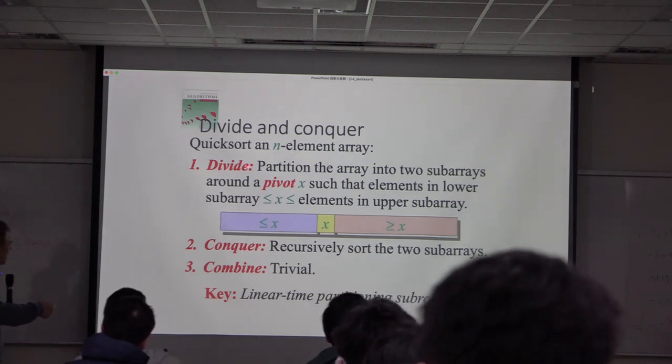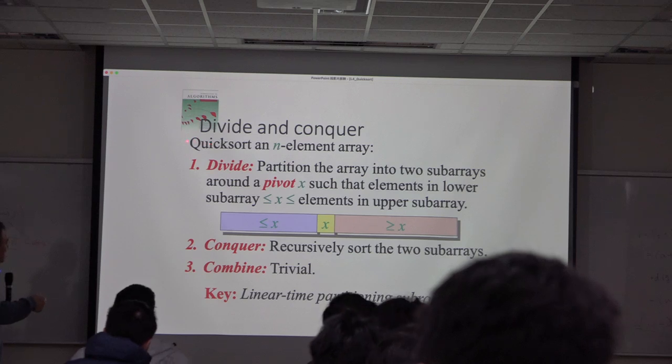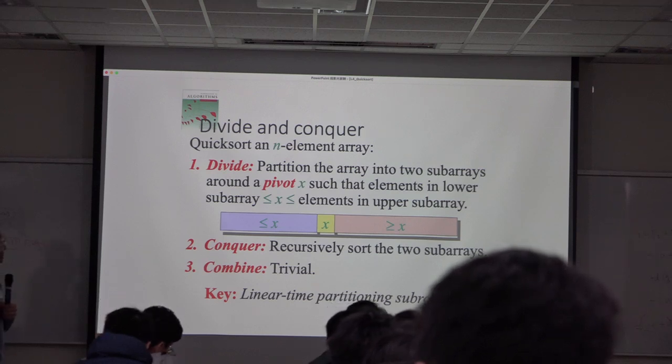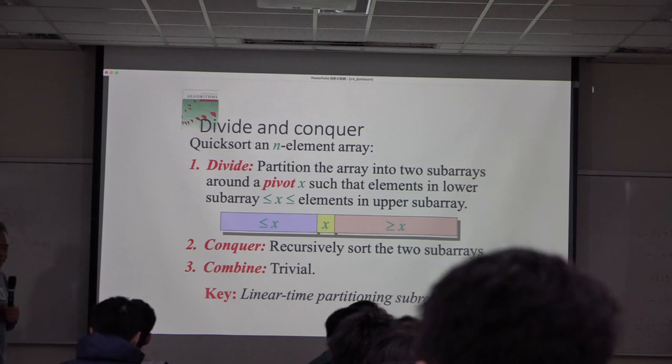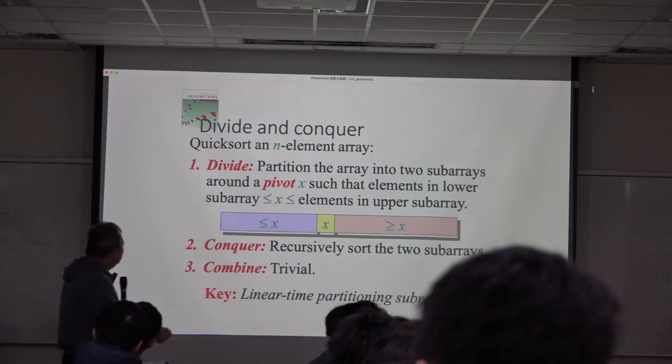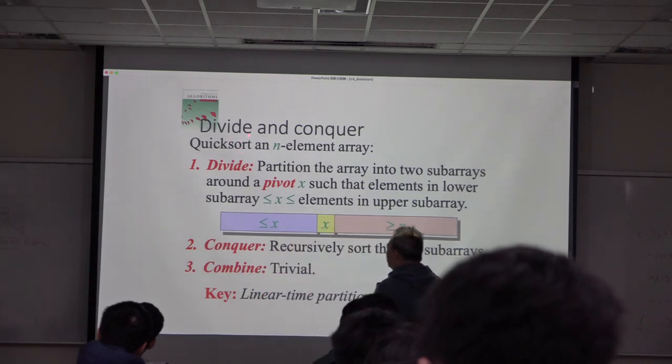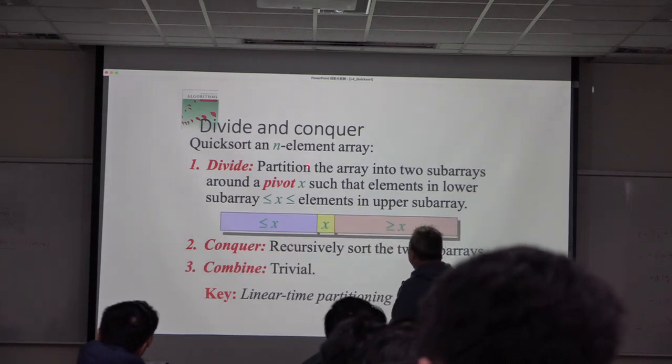Let me explain what we intend to achieve in the divide part of quick sort. First, we would like to partition the array into two subarrays around a pivot.